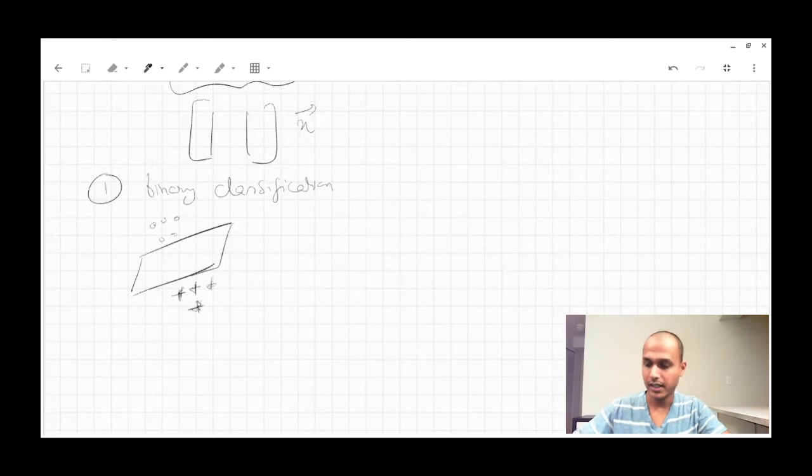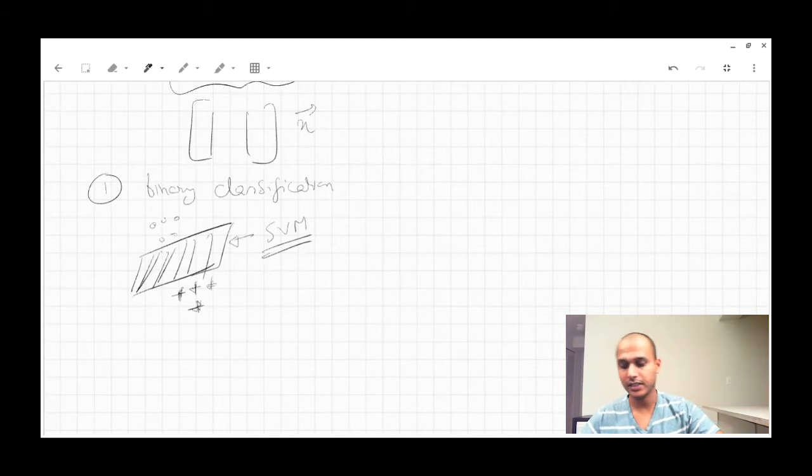These are all data points, and binary classification tries to find certain models, for example logistic regression, which try to find a linear decision boundary. Or let's think of a support vector machine. For binary classification, it tries to find a hyperplane that separates the two classes, in this case the circles and the pluses.